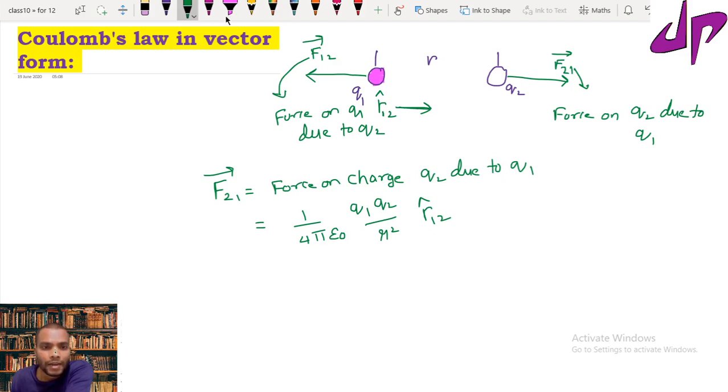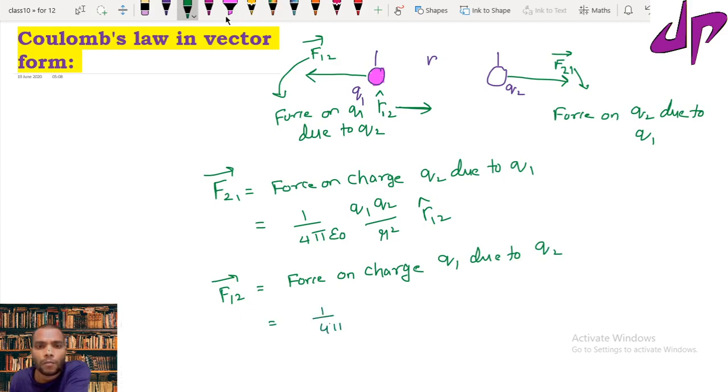Similarly, if we write F12 bar, equal to the force on charge Q1 due to Q2, we write the same formula: 1 over 4 pi epsilon naught, Q1 Q2 by r square.